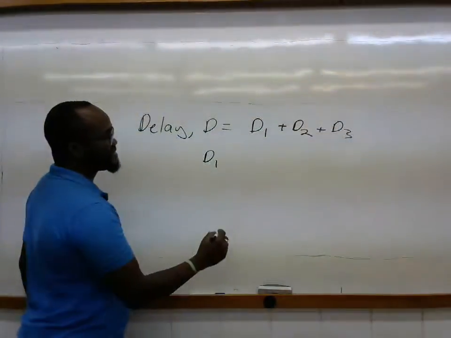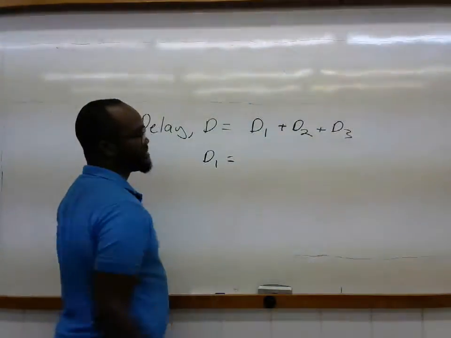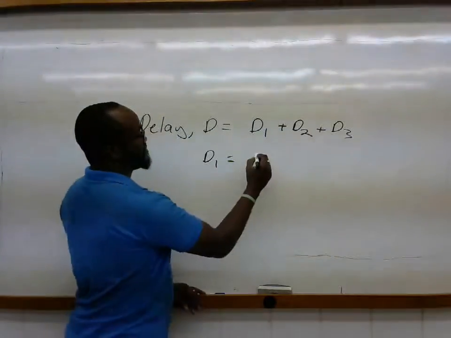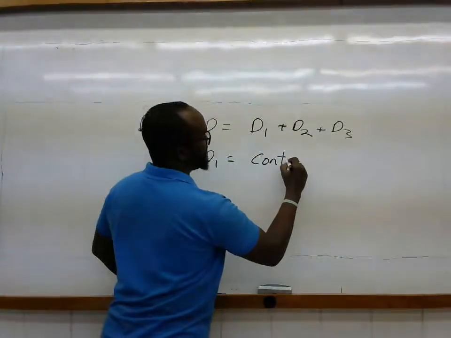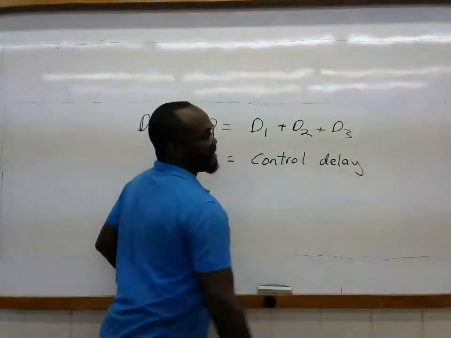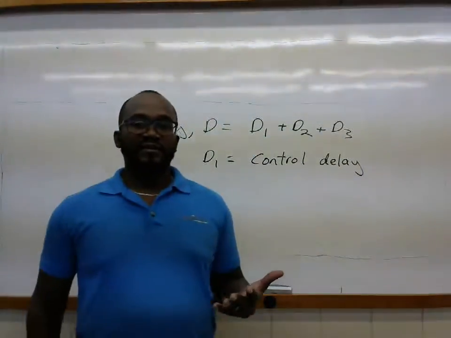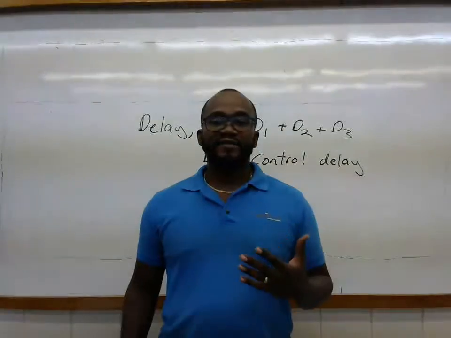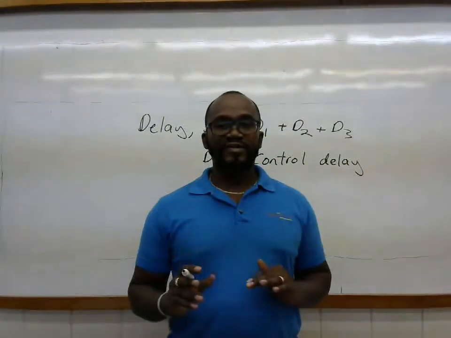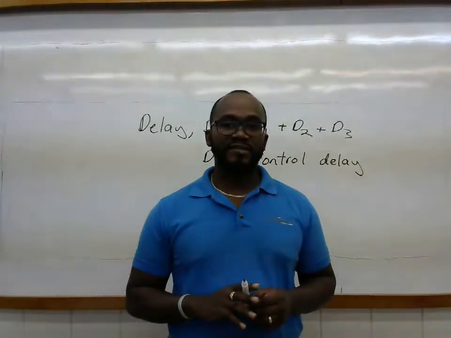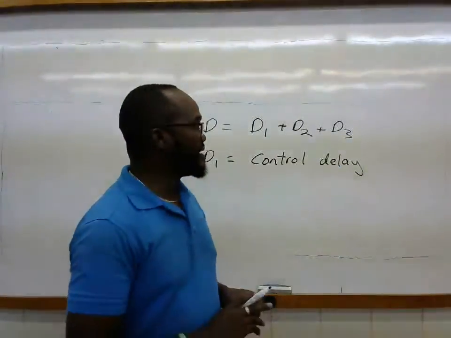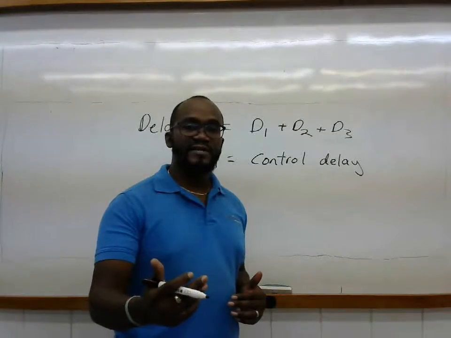D1 here represents the control delay associated with strictly the traffic signal. So for example, as you approach the signal, if you were to meet the red interval or the red phase, a driver would normally proceed to press the brake pedal and then gradually come to a stop at the intersection.